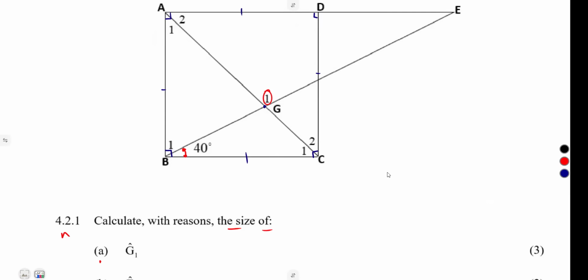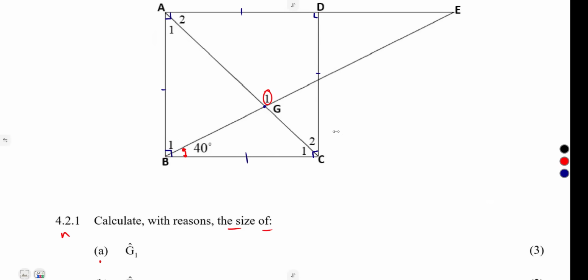All right. With this information, one, in a square, the diagonals bisect at right angles. That is what we know actually. So if we are to consider, let's say there was a diagonal here, we know that these diagonals bisect at what? At 90 degrees. But for now, what can we use?